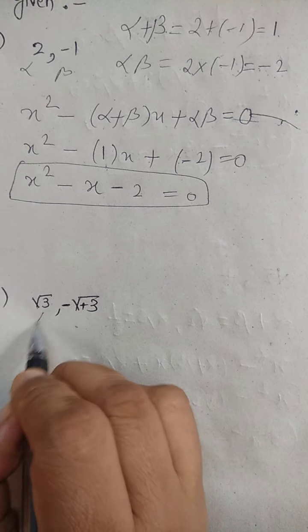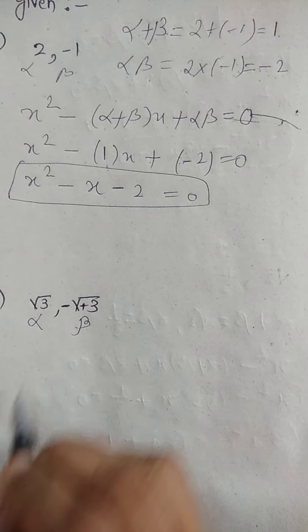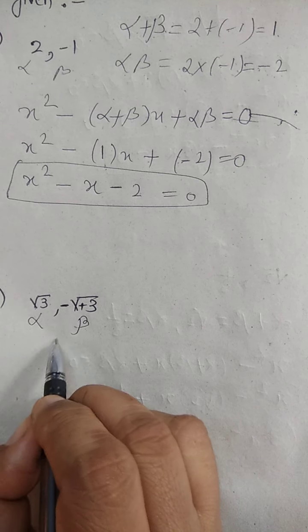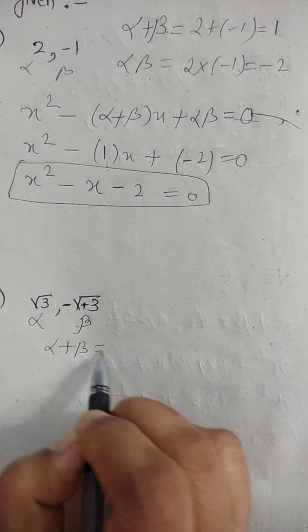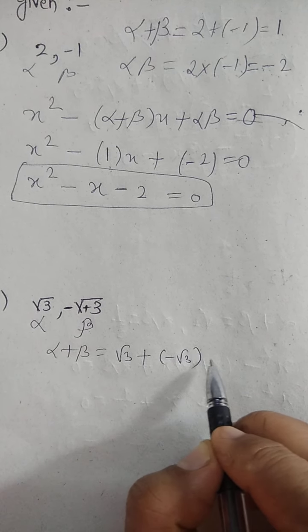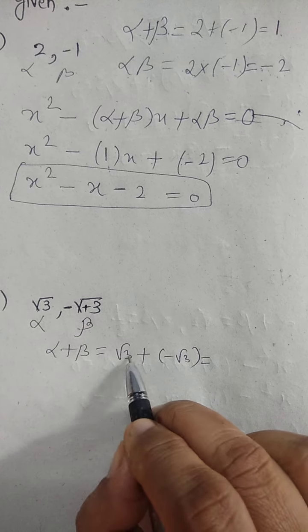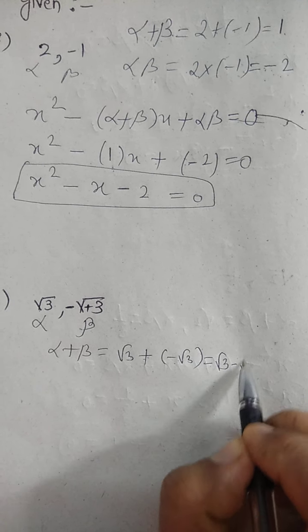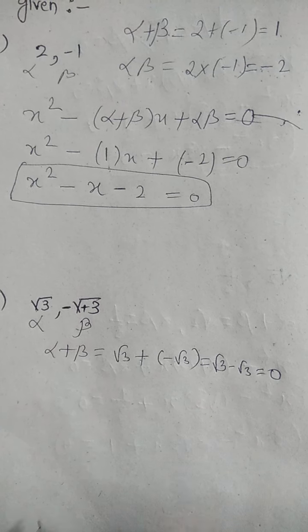Means alpha is root 3, beta is minus root 3. Let us find the sum of roots. Alpha plus beta equals root 3 plus minus root 3. So it will give you root 3 plus minus minus, so root 3 minus root 3 will give you 0.